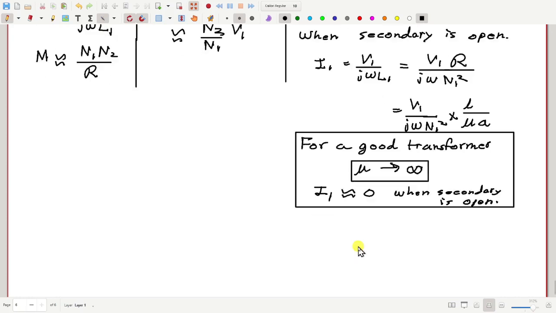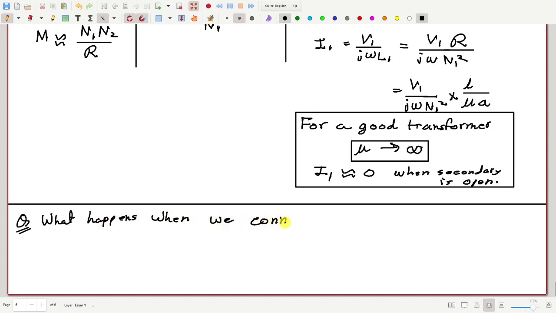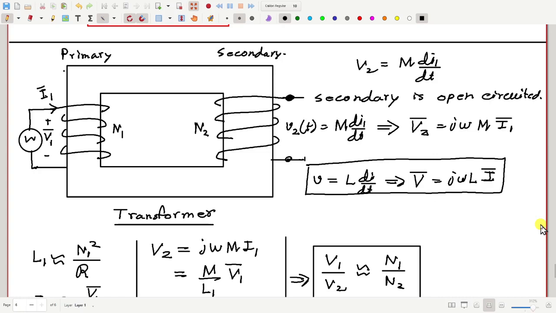Okay, now what happens when we connect a load to the secondary side? Let me copy this.